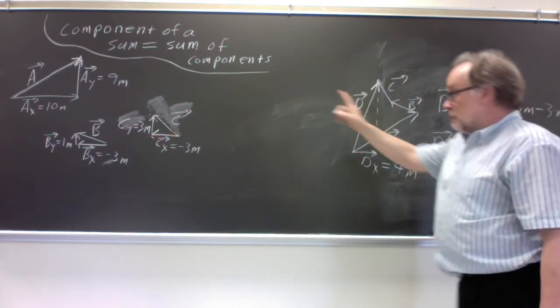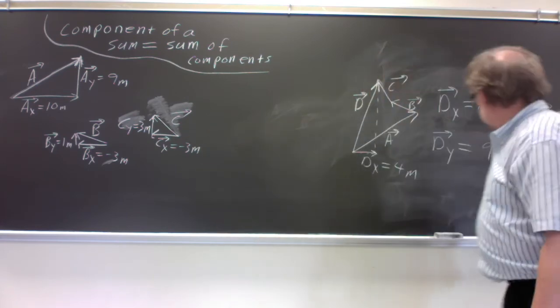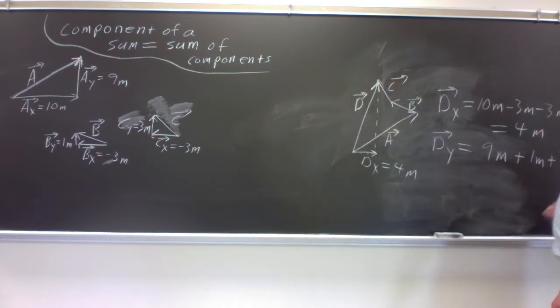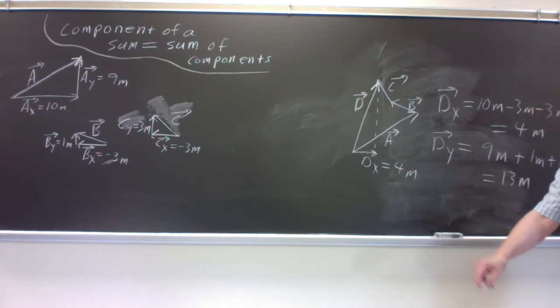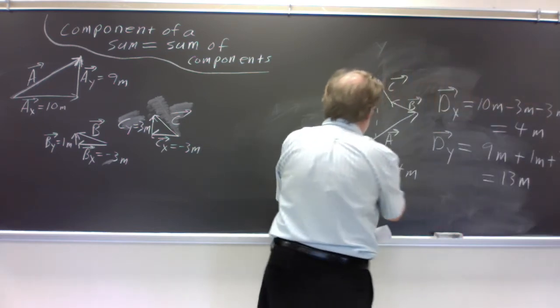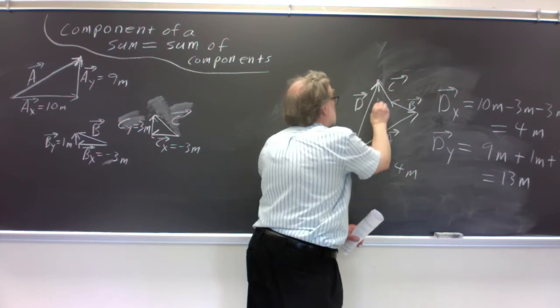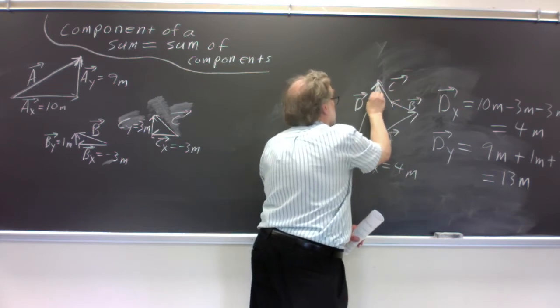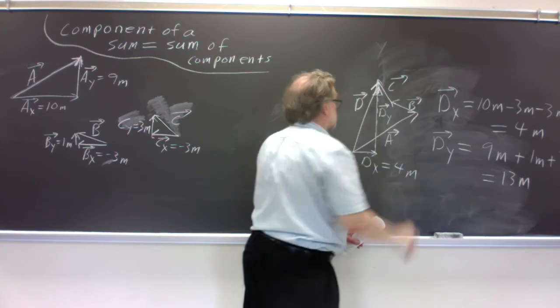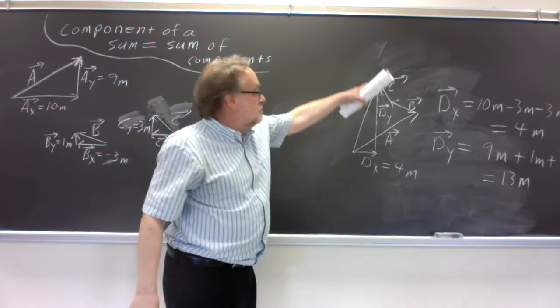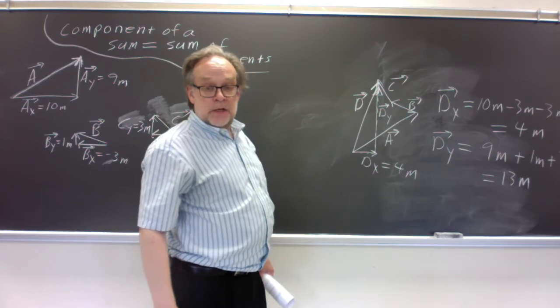And then the y component of C is 3 meters. So the y component of D is plus 13 meters. And here's the y component of D right there. 13 meters.